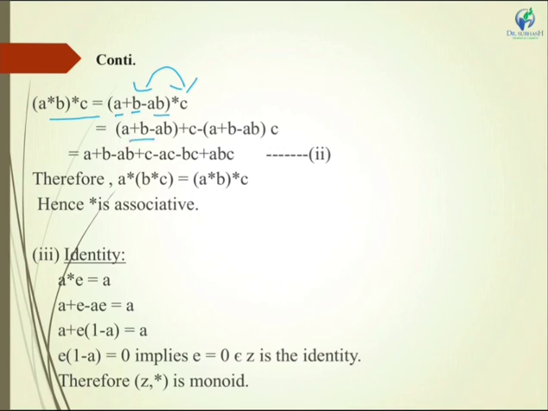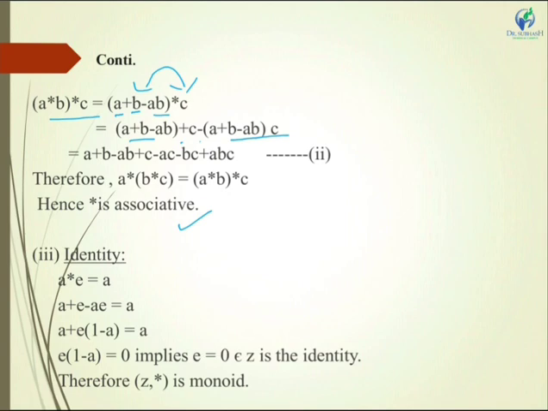So first I will add two elements minus multiplication of two elements. Now I will multiply this c inside the bracket. So I get a + b - ab + c - ac - bc + abc, and I give it as equation 2. From equation 1 and 2 we can say that both are equal, therefore the associative law is satisfied.